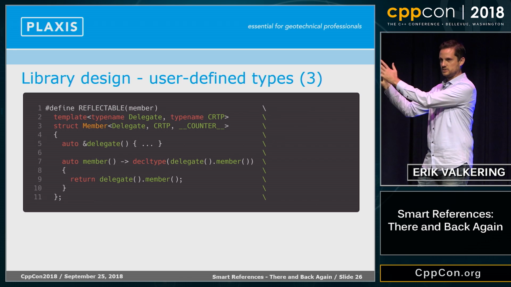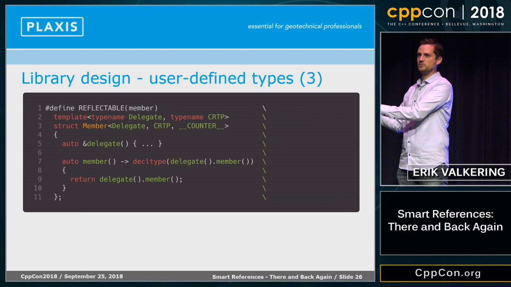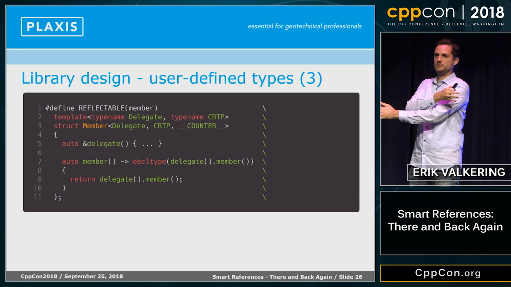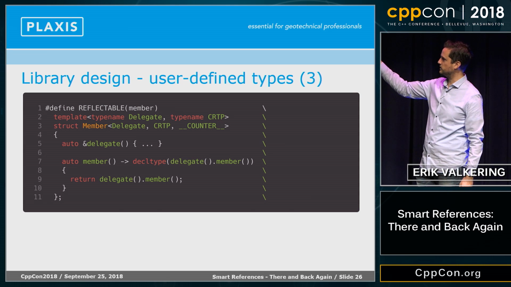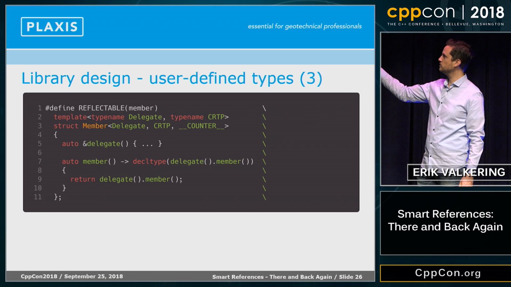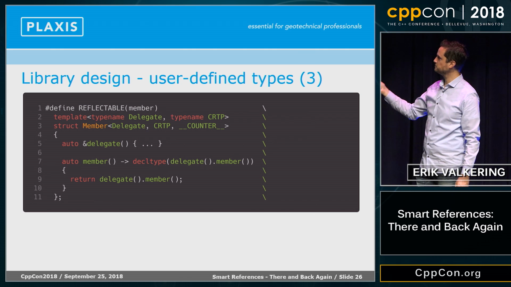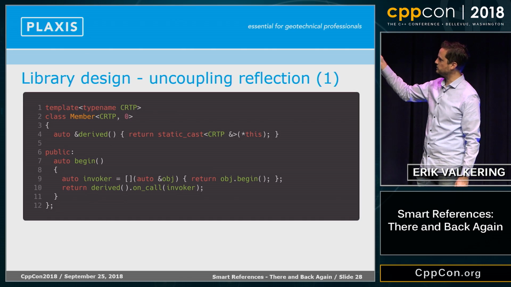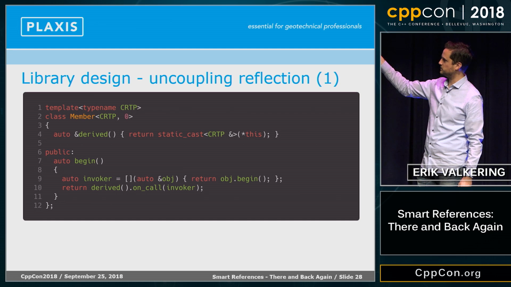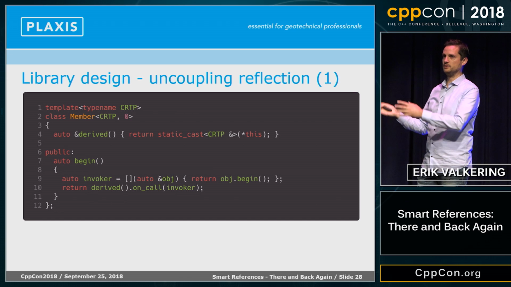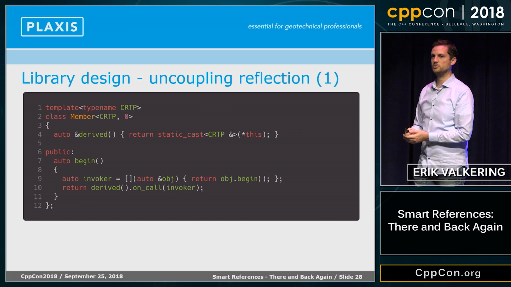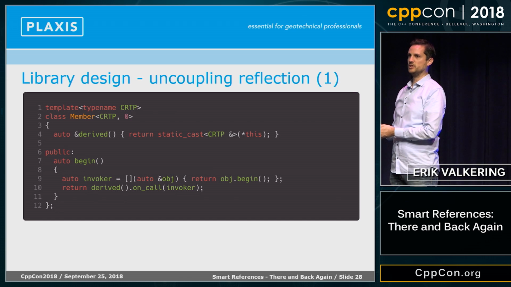And this layer should not be coupled to the smart reference layer. So what I did there is uncouple the delegation here from this reflection layer. So here you can see that in the begin function, instead of calling delegate, I perform a downcast to the derived object.